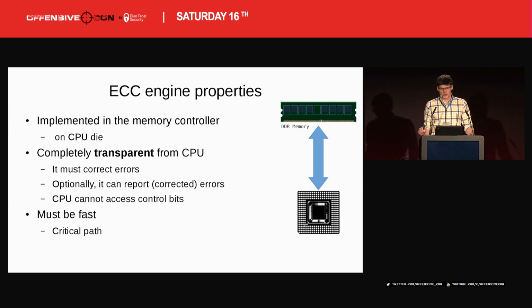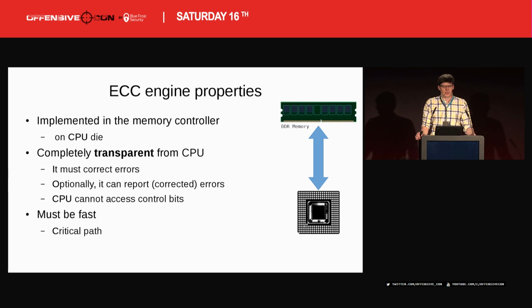There are some interesting properties with this implementation of ECC. As I said, it's implemented on the CPU die, so it's a purely hardware implementation. There's not much code behind it. Probably there is some very low-level code. It is completely transparent to the CPU in the sense that you cannot explicitly access the ECC part, the control bits.